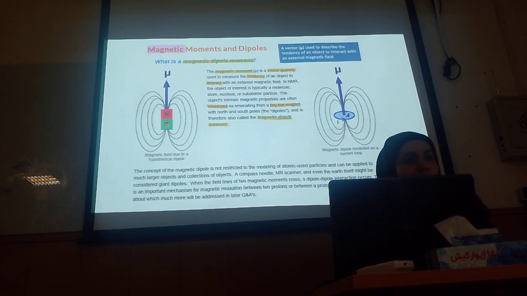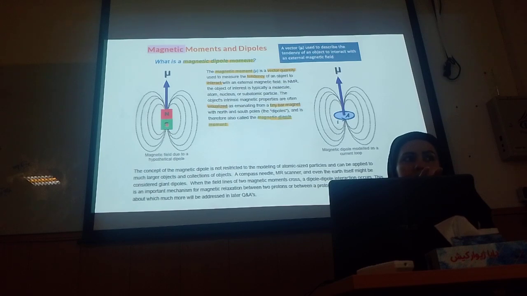Otherwise, we don't have any magnetic field around the nucleus. That's enough. Hydrogen nucleus shows a magnetic field around itself. Carbon shows a magnetic field around itself. Fluorine shows a magnetic field around itself.